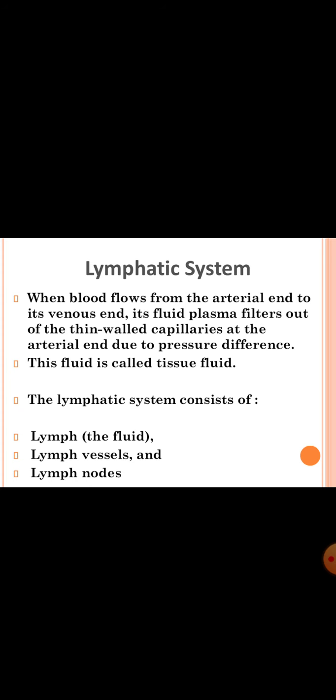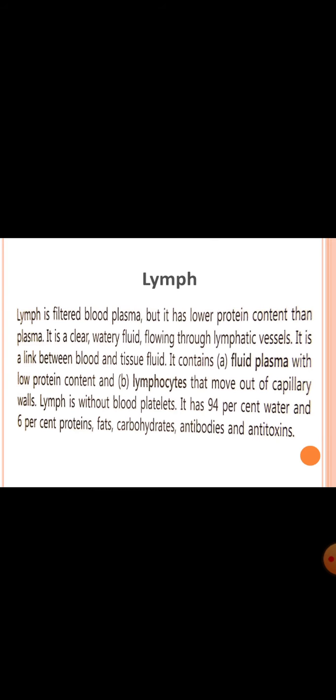The fluid collected by the lymph vessels is poured back into the blood as lymph in the vena cava near the heart. The lymphatic system consists of lymph, the fluid part, lymph vessels, to transport that fluid, and lymph nodes. Let's see what is lymph, lymph vessel and lymph node.